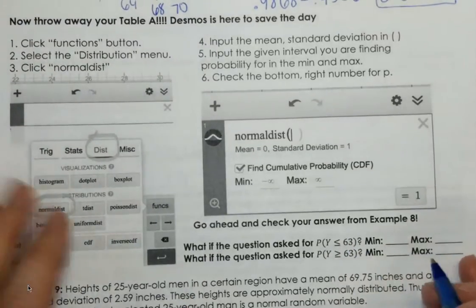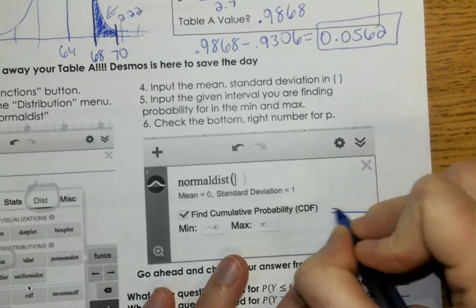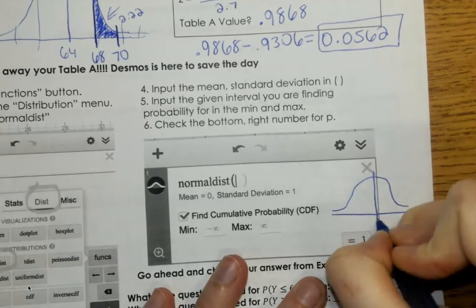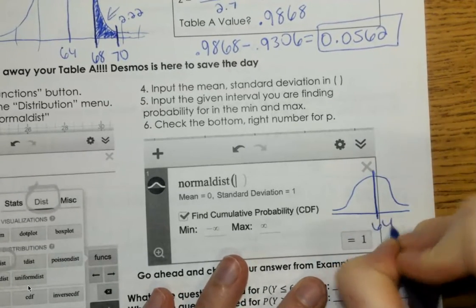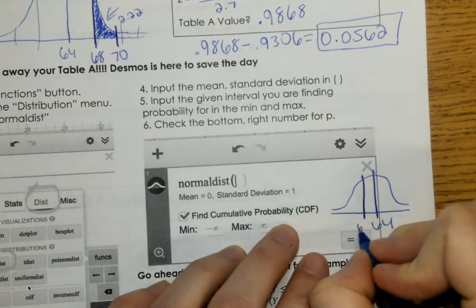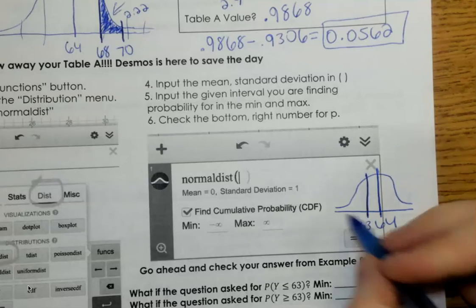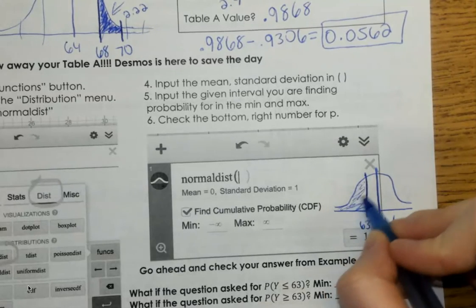So let me go ahead and draw a normal curve somewhere on here so we can see. I know my mean is 64, and let's say I had 63 right here. If I'm trying to find the value of less than or equal to 63, I'd be shading to the left.